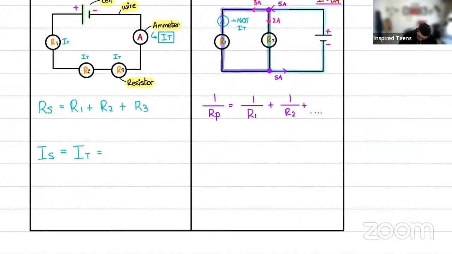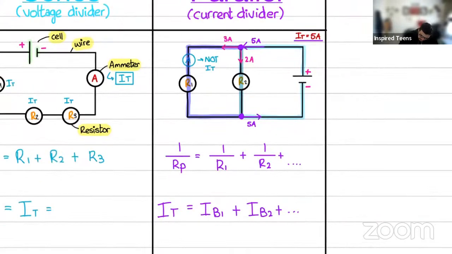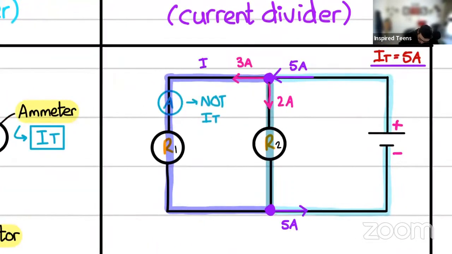But in this case, to calculate I total, the I total splits up into two different branches. So you'd have to say I branch 1 plus I branch 2, however many branches there are. Mainly just 2 branches. So this is what we would call I branch 1, and we'd call this I branch 2.